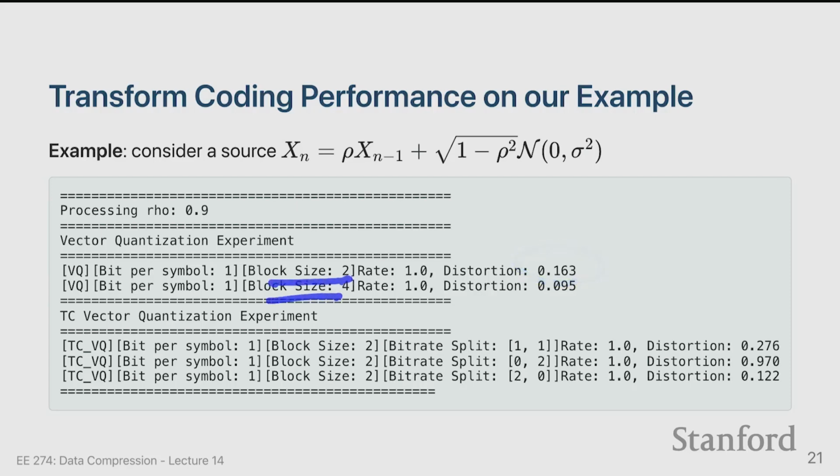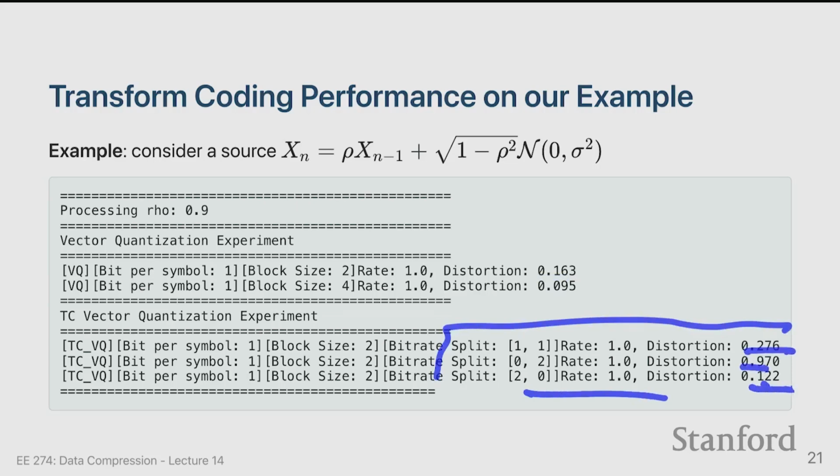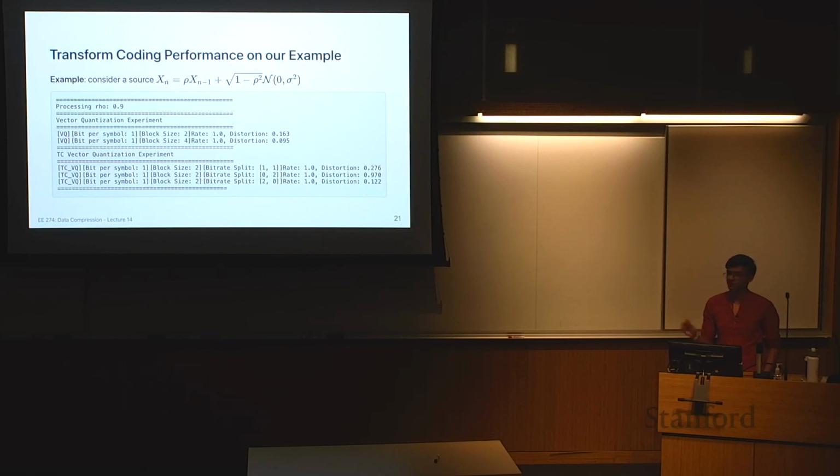We are fixing block size 2 everywhere, in each step of the transform coding. And for different bitrate splits, I see very different levels of distortion, right? So what's happening? Not a trick question, just say it out loud.